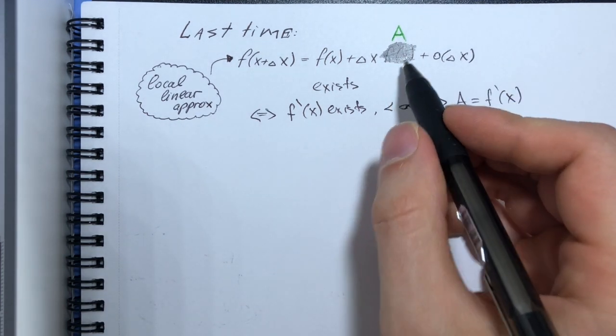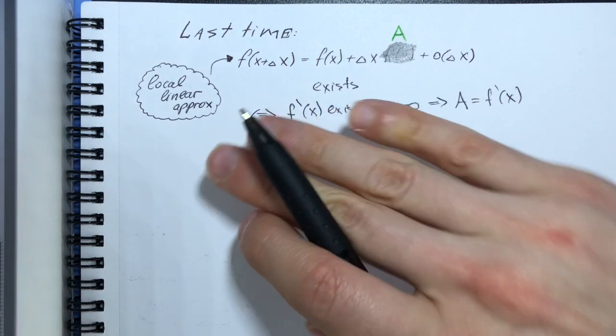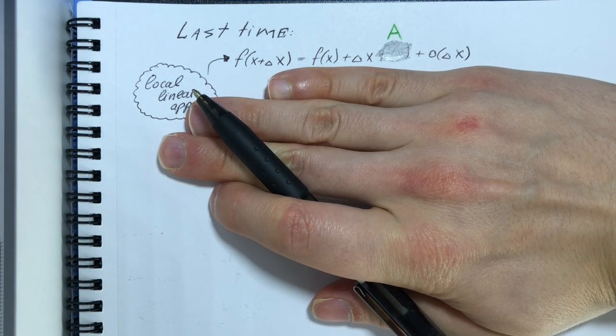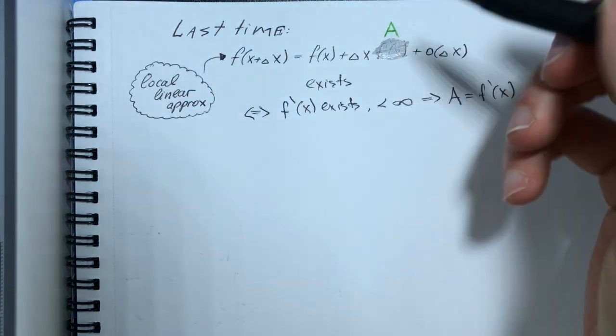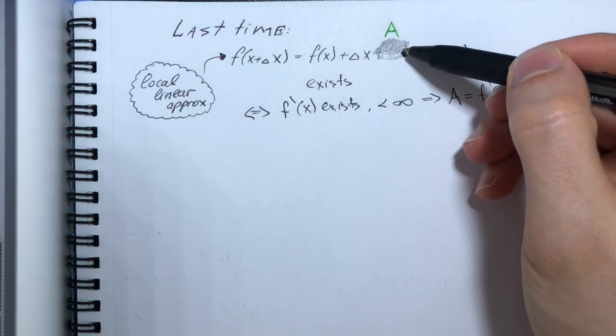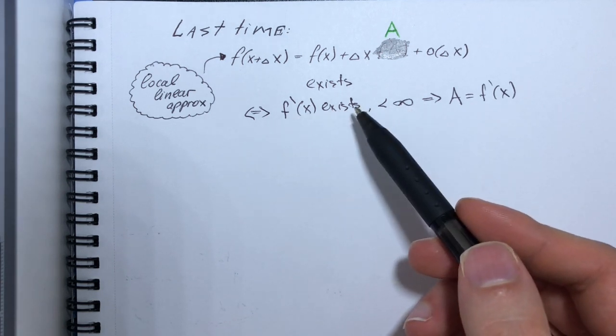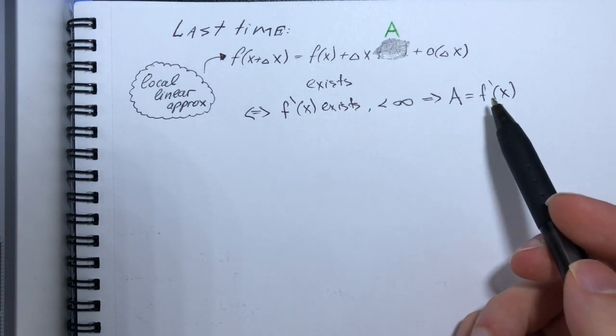So that's why I have crossed it out here, because when we write this approximation, we do not know for sure that this linear constant is actually equal to f prime. But once we prove that f prime exists, we know we can replace it by f prime.